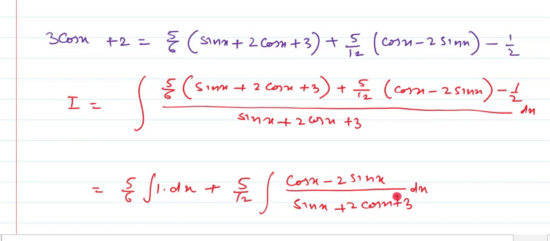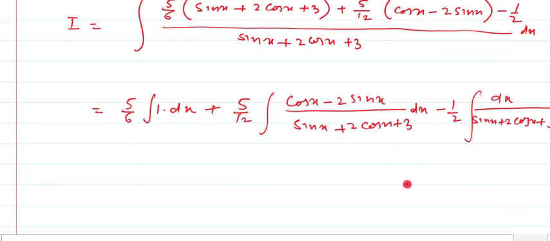This is the second integrand, and the third one is minus 1 upon 2 integration of dx upon sin x plus 2 cos x plus 3. Okay, so now you know this part as well. This is I1, this is I2, and this is I3.